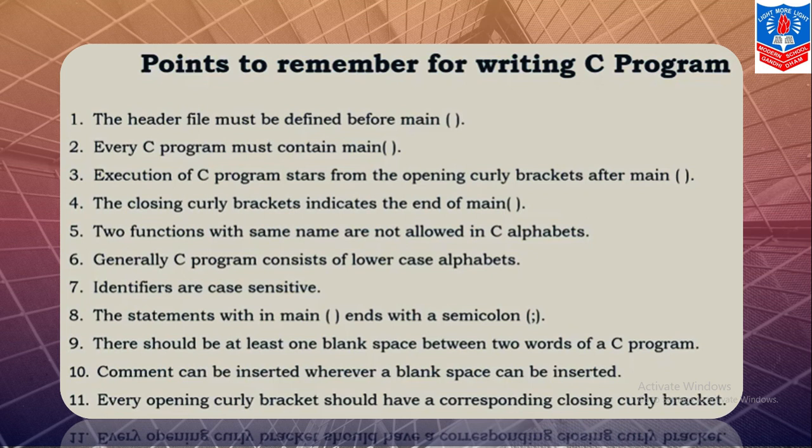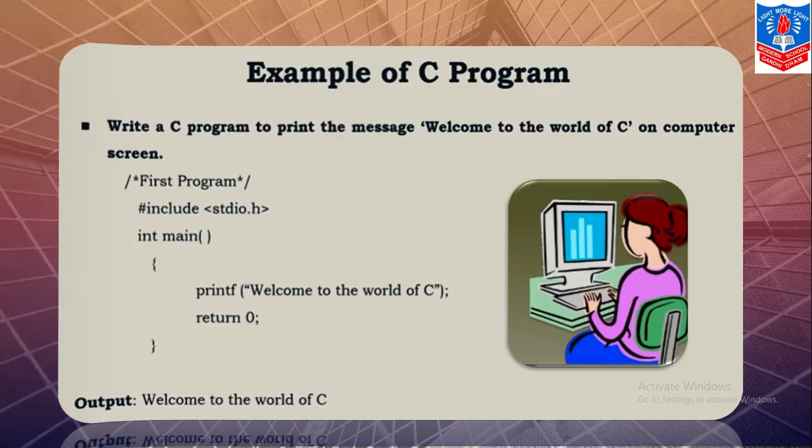Identifiers are case sensitive. The statements within main end with a semicolon. There should be at least one blank space between two words of a C program. Comments can be inserted wherever a blank space can be inserted. Every opening curly bracket should have the corresponding closing curly bracket.